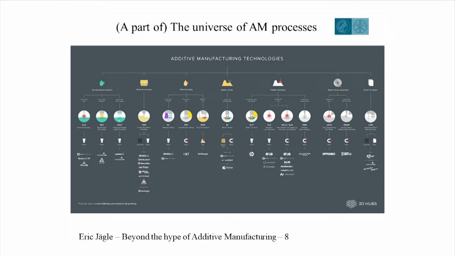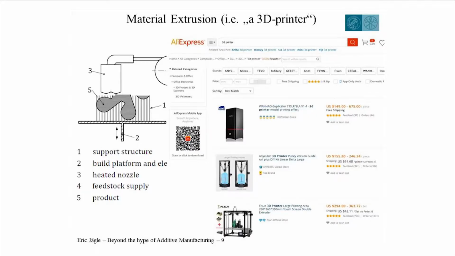And therefore a whole big range of processes exist, and this is not even comprehensive. I know you can't read all these processes, and I'm not going to go through the list of them, but just to give you a feeling that there are many different processes and many different machine vendors, of course, correspondingly, and those are applicable to many different materials.